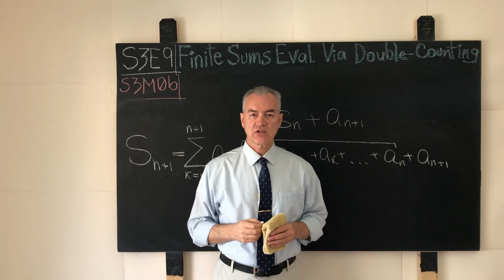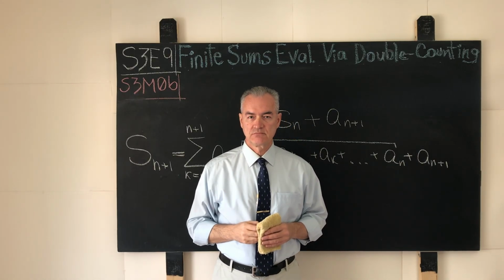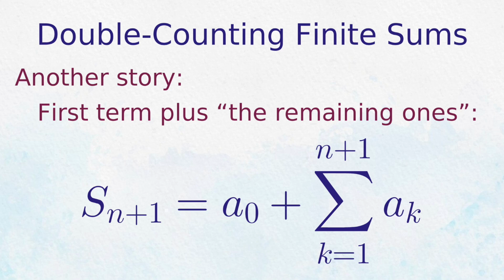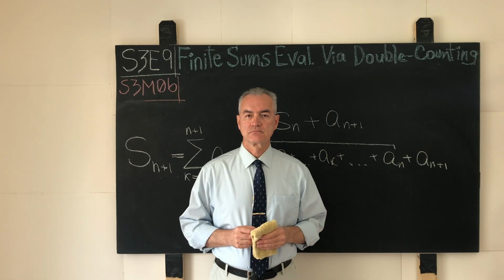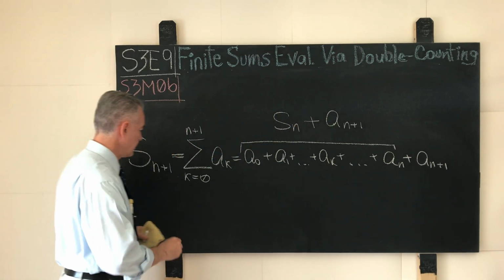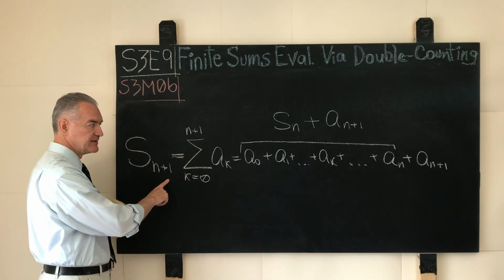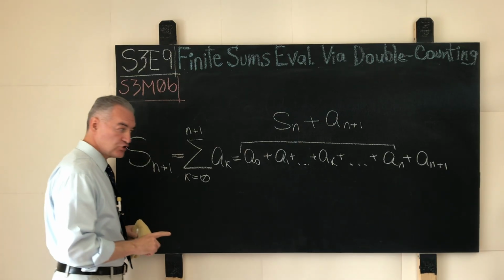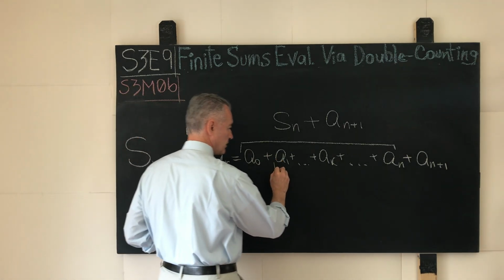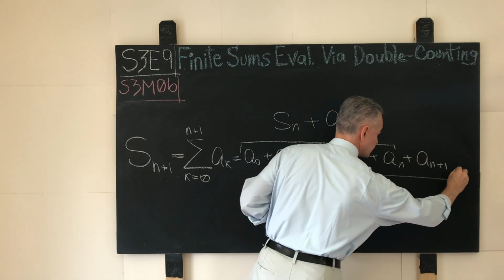And now we will construct the story number 2. Represent one and the same iterated sum S sub n plus 1 differently as the first term a0 plus the rest ones, like so.